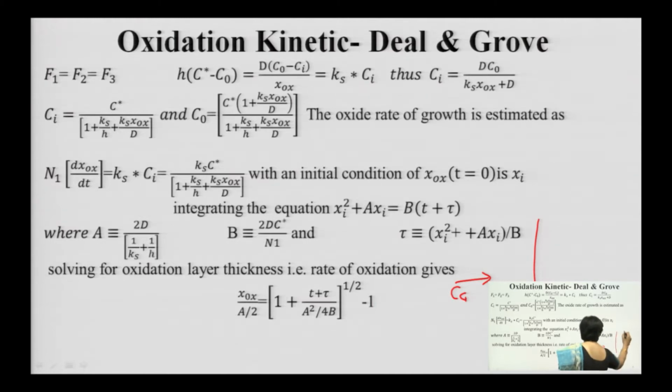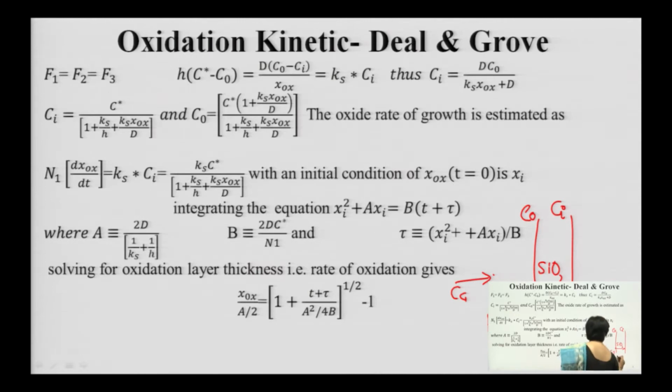Then those reaching the surface, the surface species, we call CS. Since this is the growth of silicon dioxide on my silicon wafer, I call the outer surface concentration Co and the inner surface concentration Ci. The first flux I call F1, which is because of the mass transport of the oxidizing species available in the gas.